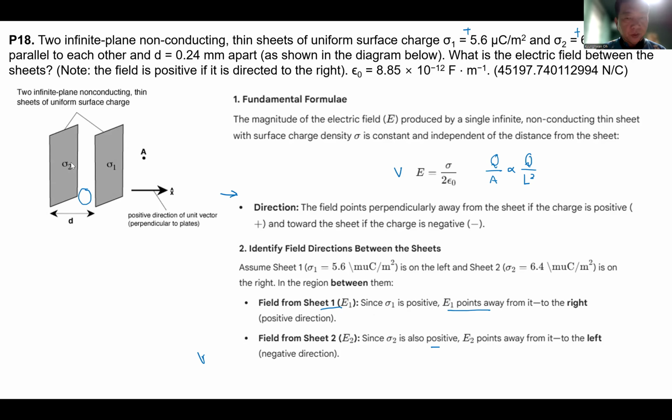Sigma 1 points away from it, so in the case of a position here, we need to find out what the electric field is between the sheets.